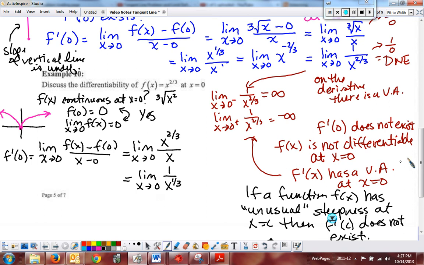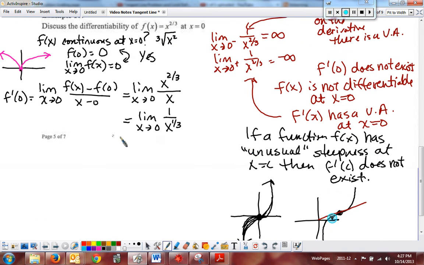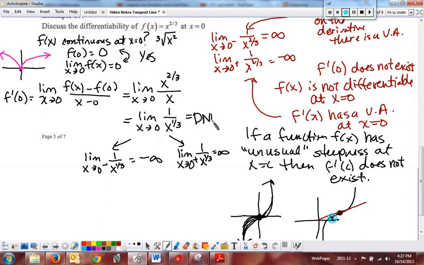Okay? If I am taking a look at what's happening on the left and the right, the limit as x approaches 0 from the left of 1 over x to the 1/3 is going to be negative infinity. The limit as x approaches 0 from the right of 1 over x to the 1/3 is going to be positive infinity. So we're still going to get the idea that there's going to be a vertical asymptote on the derivative, but again, this simply does not exist.